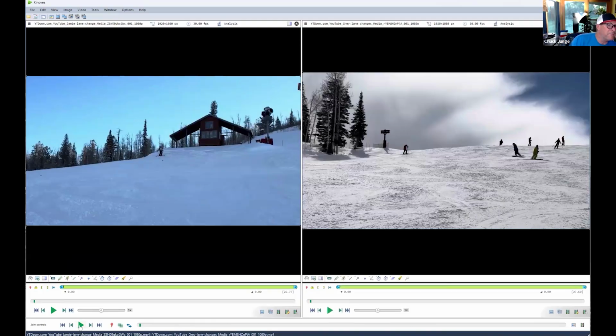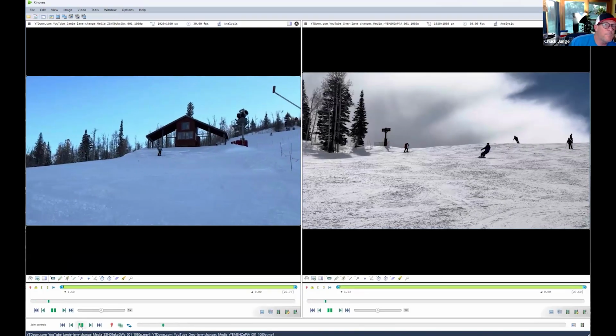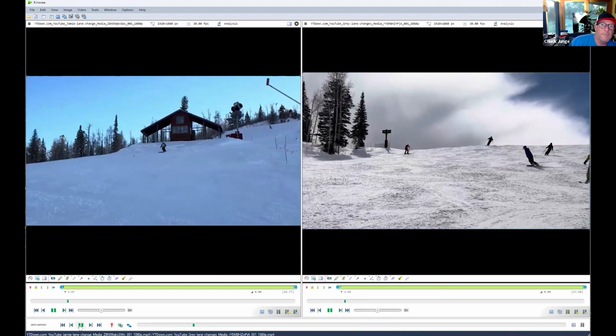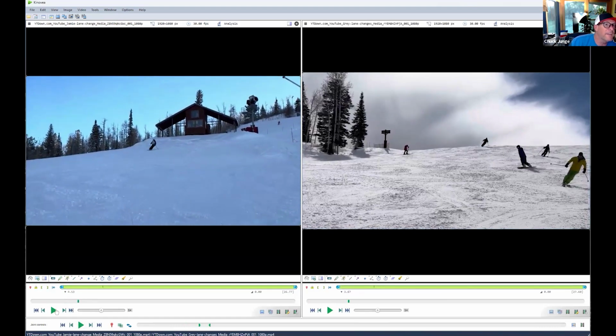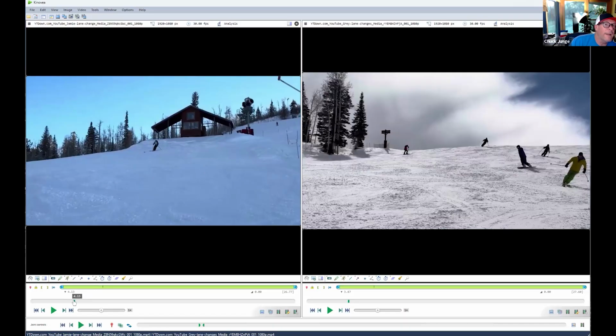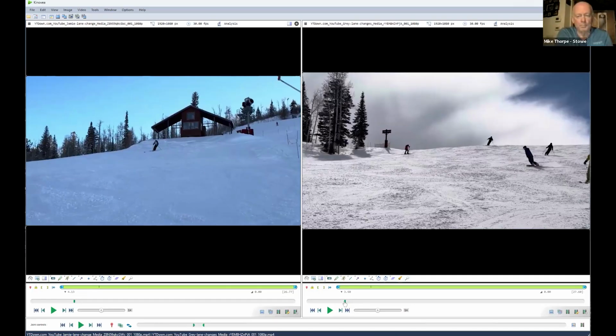So there's a little bit of difference. There's only a slight difference, right? Because when we get to this portion right here, let's back it up just a little. Right there, there's not a ton of difference, right? Both of them have legs that are about the same length.